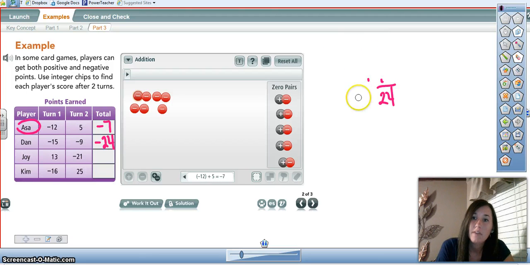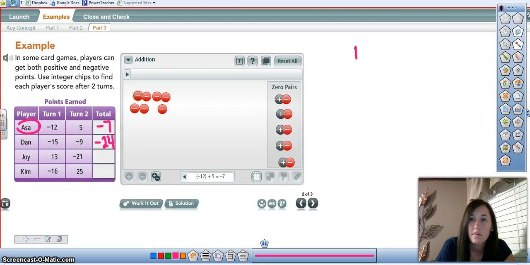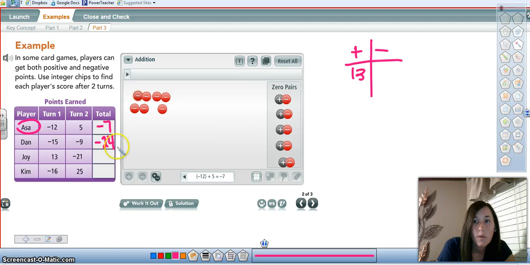Okay, thinking about the same idea, let's look at Joy. For Joy's score, there's 13 points on the positive team and 21 points on the negative team. So the negative team wins, you know your answer is negative, by how much? By 8. They have 8 more than the positive team.